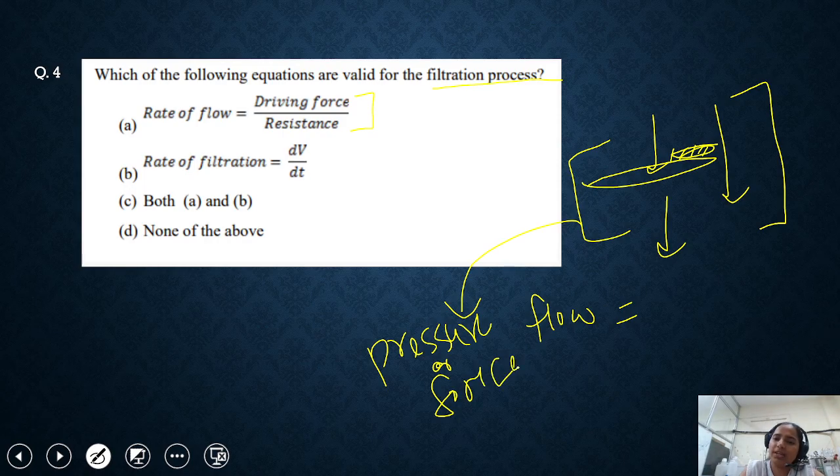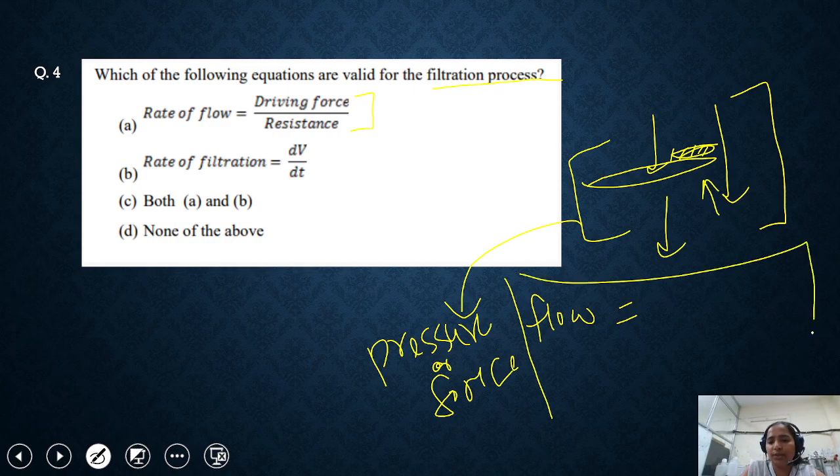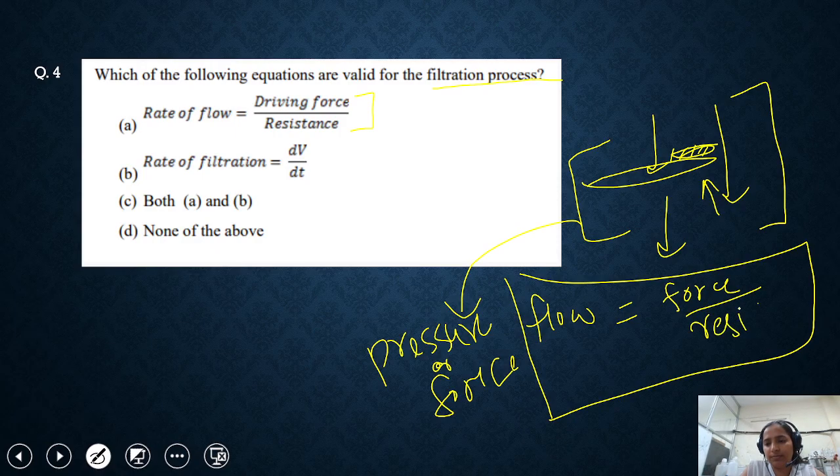So this difference and the resistance is also occurring. So this rate of flow we usually define as driving force upon resistance. So this one is correct, that rate of flow is equal to driving force by resistance.